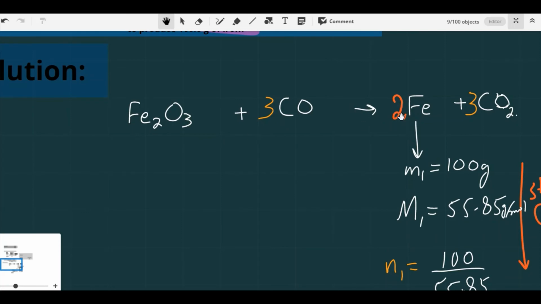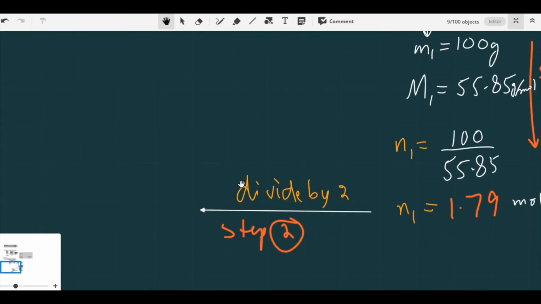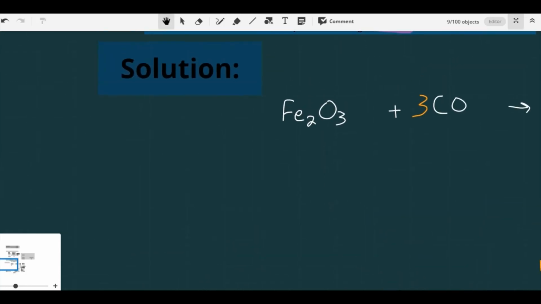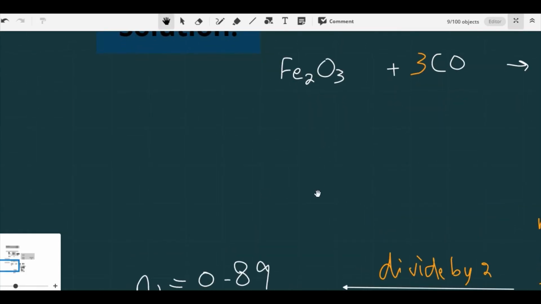It means you need to divide by 2 and multiply by 1. So when you divide by 2, N2 equals 0.89.